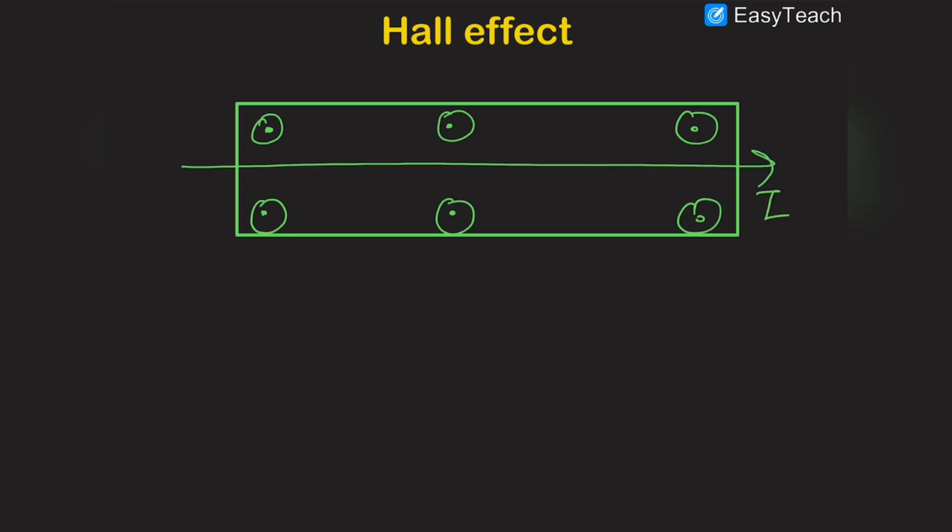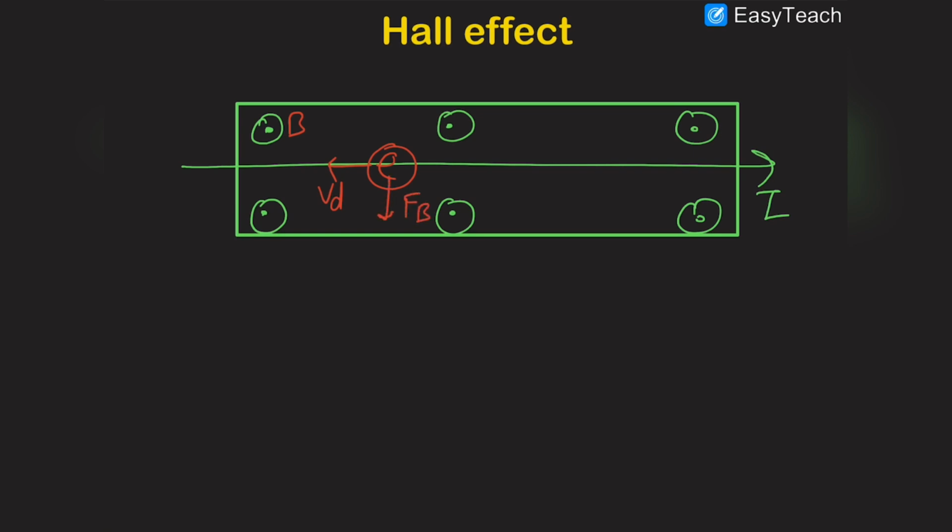Now if we talk about any one electron, this electron will be moving in the backward direction with a velocity called the drift velocity, and as it is moving in a magnetic field of magnitude B, it would be experiencing a magnetic force whose direction can be predicted by Fleming's left hand rule. You can apply Fleming's left hand rule, and you can see that the direction of force acting on this electron will be in the downward direction.